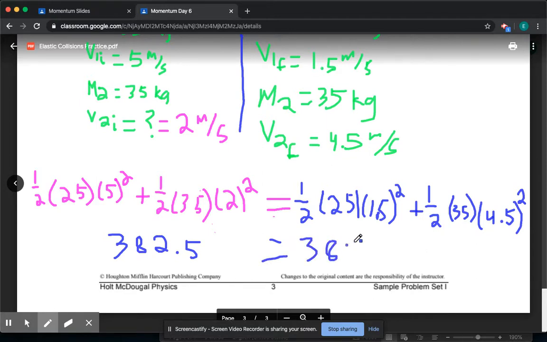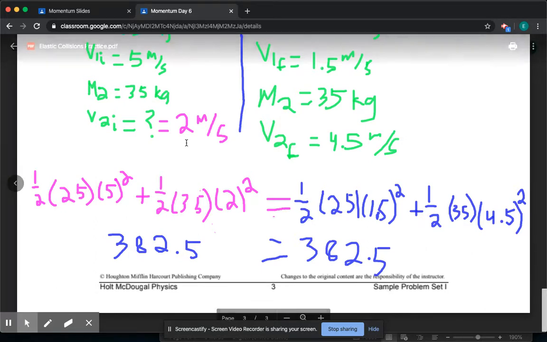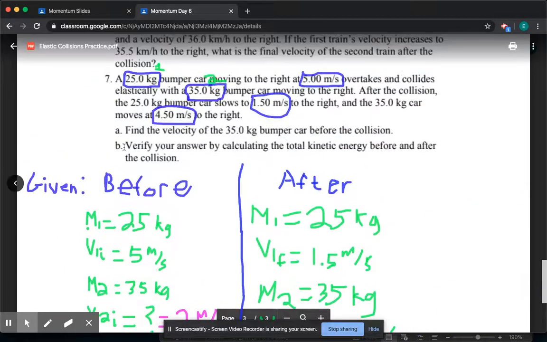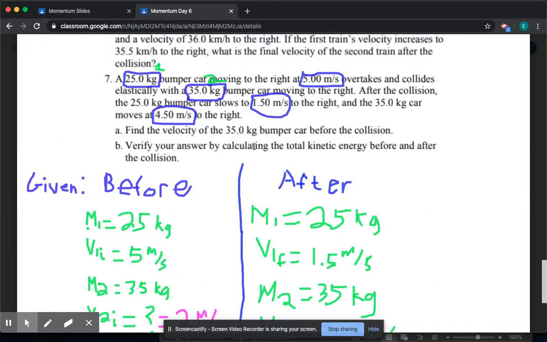And because these numbers are equal, the velocity that we calculated, 2 meters per second, was correct. In elastic collisions, kinetic energy is supposed to be conserved, and in this case it is. So this proves that our answer is correct. That's part B: verify your answer by calculating the total kinetic energy. We did that, and we got the right answer.